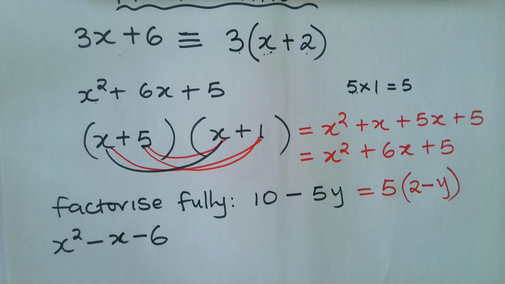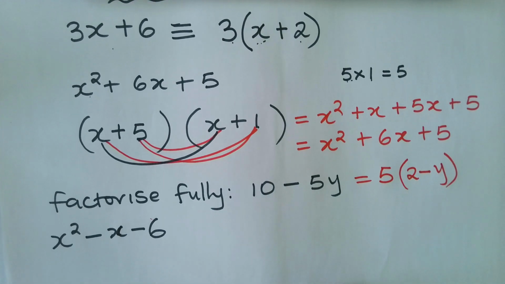We're going to look at the second question. Factorize fully x squared minus x minus 6. In this case, we're looking for numbers that multiply to make minus 6.